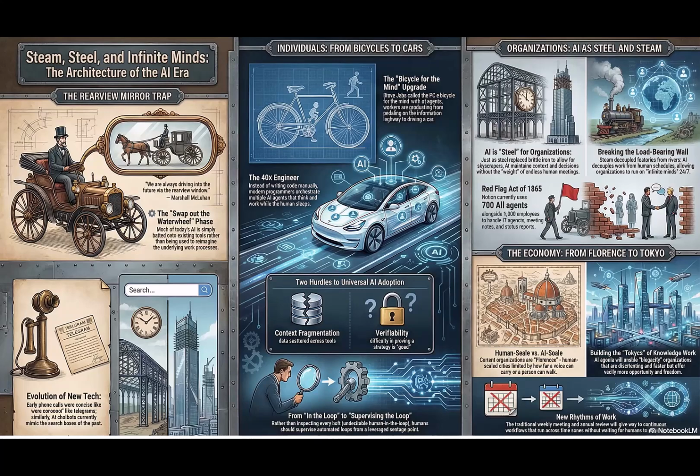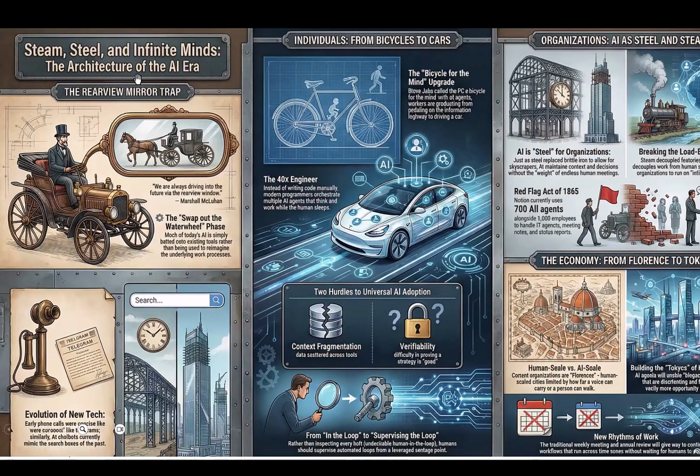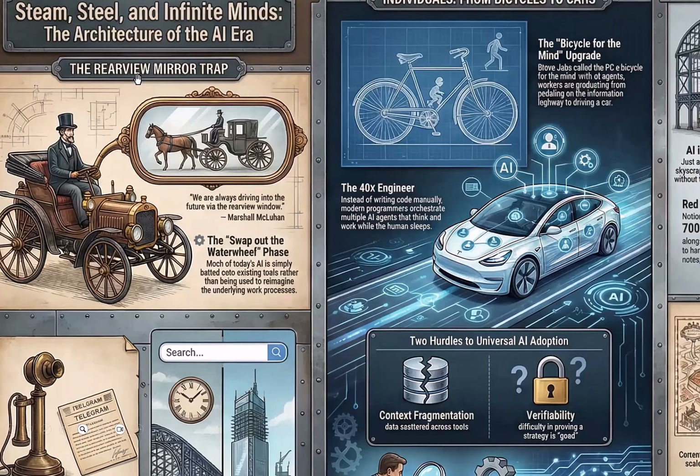I'll send out the link by email to you. You can search. It's called Steam, Steel, and Infinite Mind by the CEO and founder of Notion, which is software for personal knowledge management. It also has AI capability. I think you will enjoy reading it. But this is an infographic capturing what's in that article. It was published not too long ago.